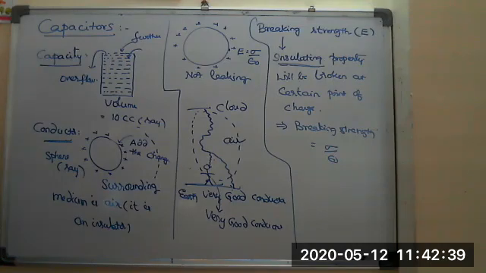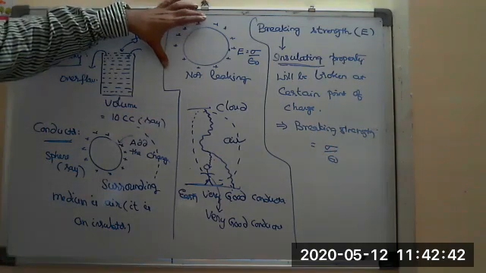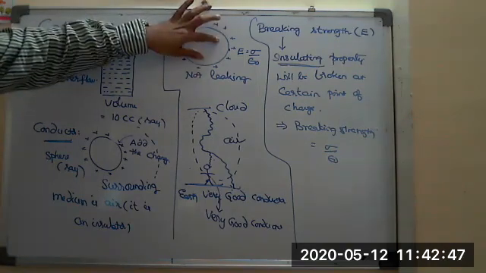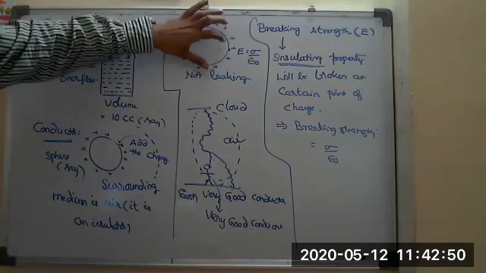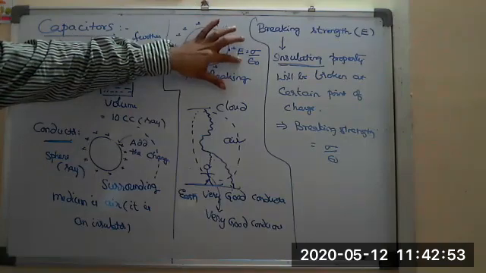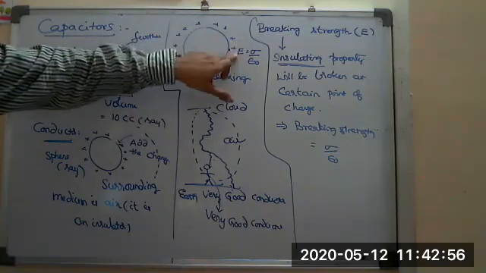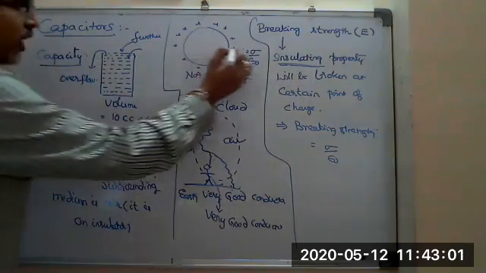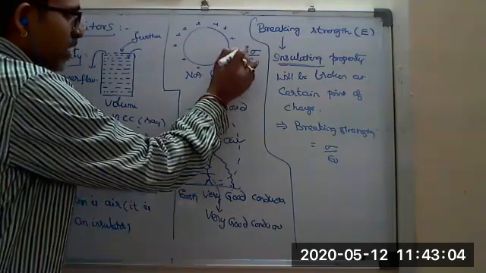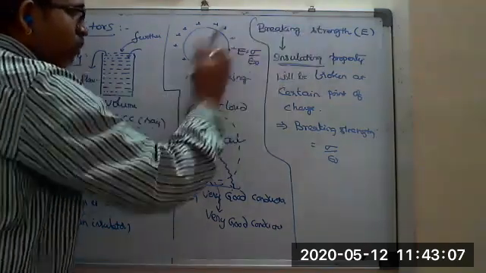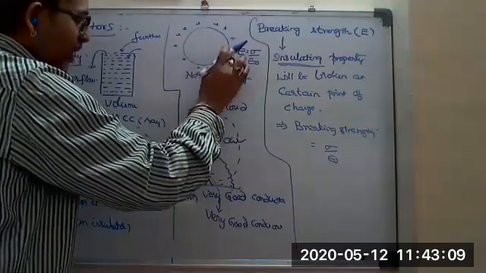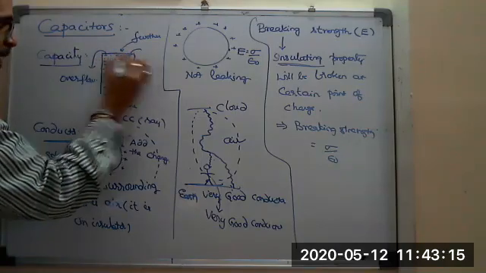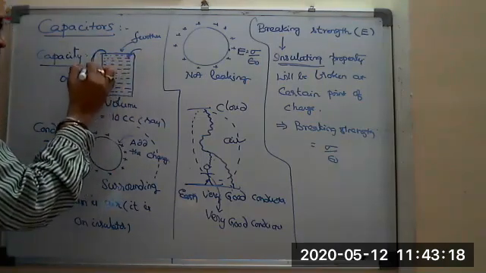So from that concept, what I said here, you can't give an infinite amount of charge to a conductor. You can give the charge to a conductor up to a certain level, where its field intensity is equal to the breaking strength of the surrounding medium. If these two are equal, the field intensity over the surface and the breaking strength, then immediately it is in a position like a vessel filled with water up to the brim, ready to overflow.